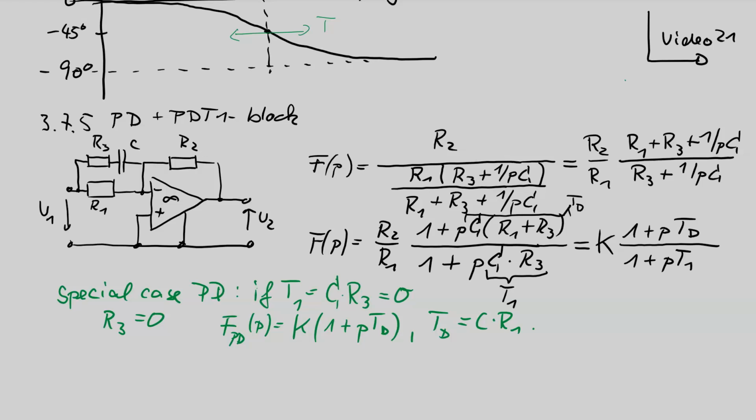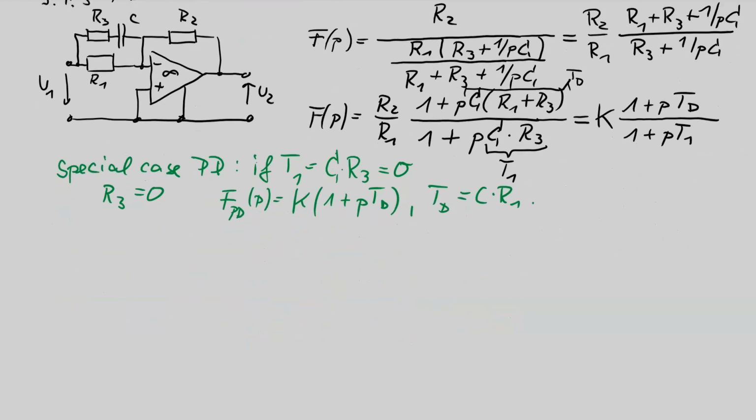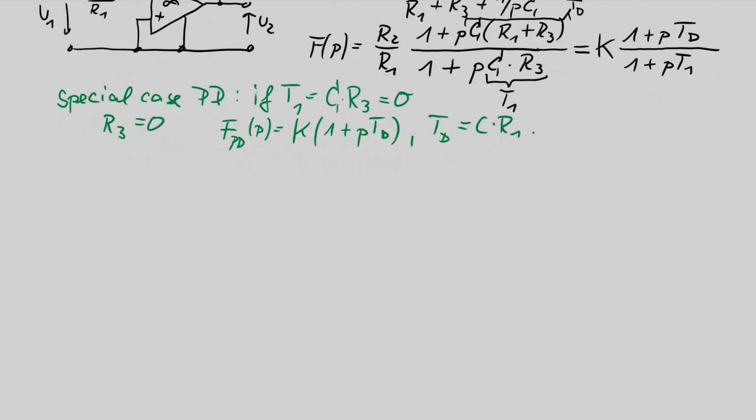Okay, we will add special case information for the PD block in a relevant subchapter, so I switch back to black color and I continue with the step response.